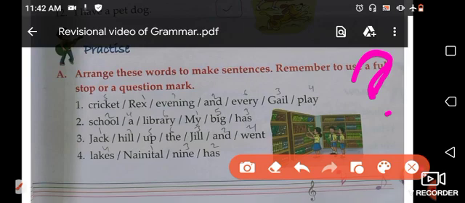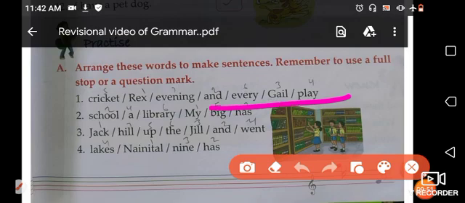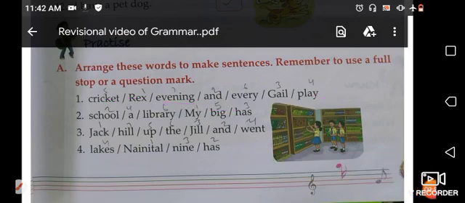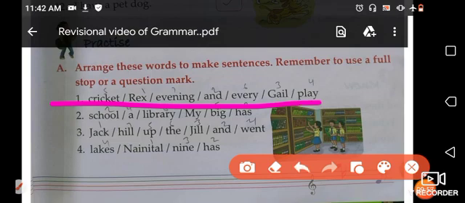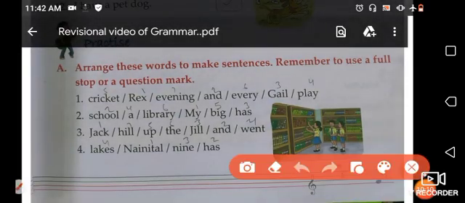Is that clear? So first, here you can see you have to arrange these words. So many words are given and you have to arrange them and make a complete sentence. First one is cricket Rex and every girl play.